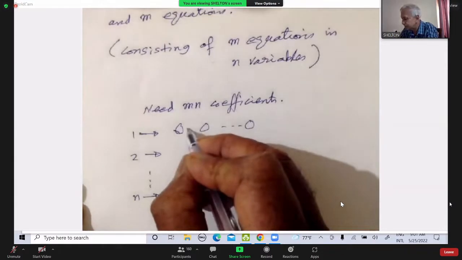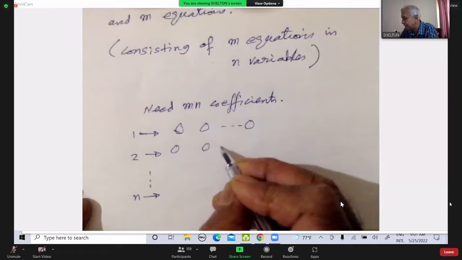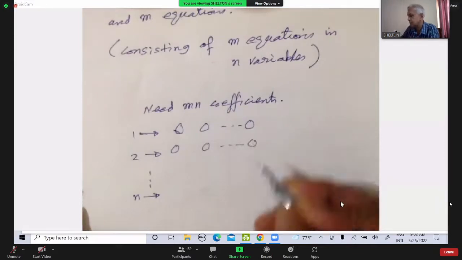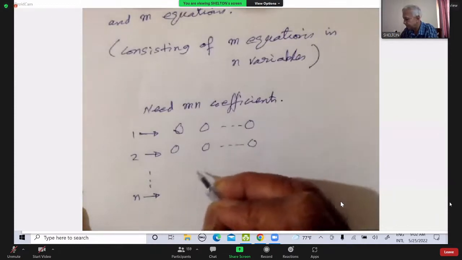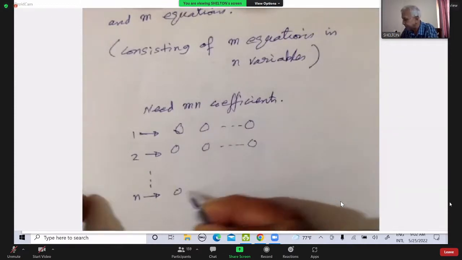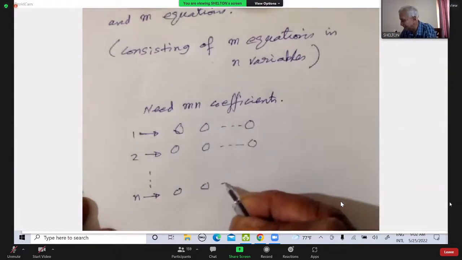So to describe the second one, I need again n, and the mth one also. We have to align them and write.